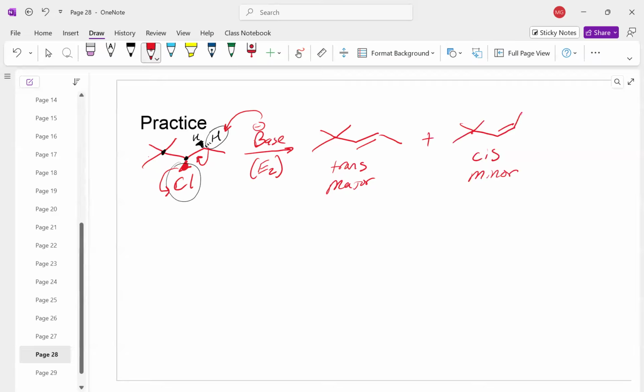Now I'm going to change this up ever so slightly. I'm going to use this same substrate, but I'm going to change it just a little bit and have this be a methyl group here. And I'll even draw in the hydrogen to help out.